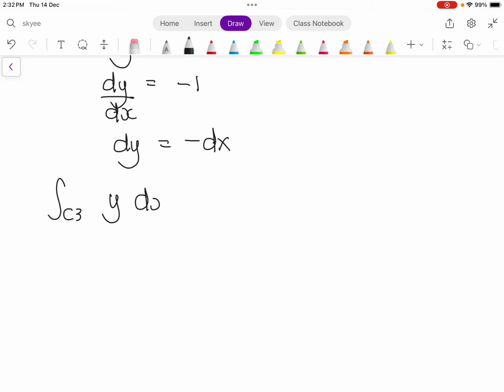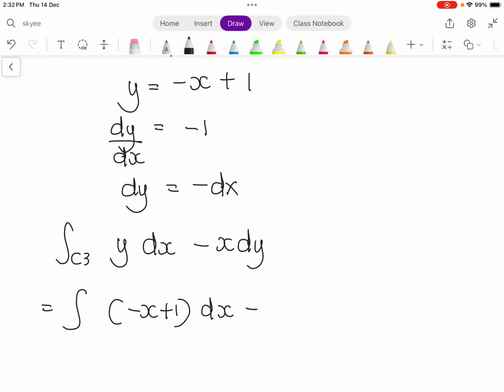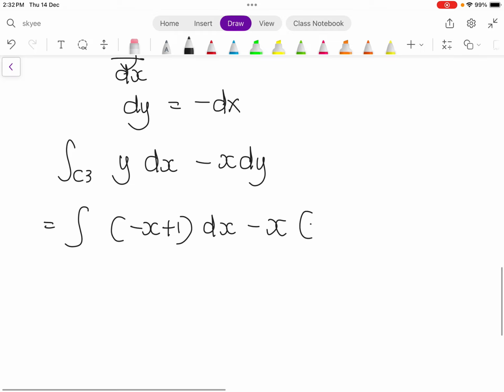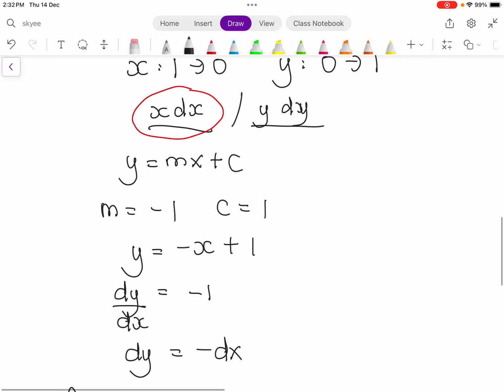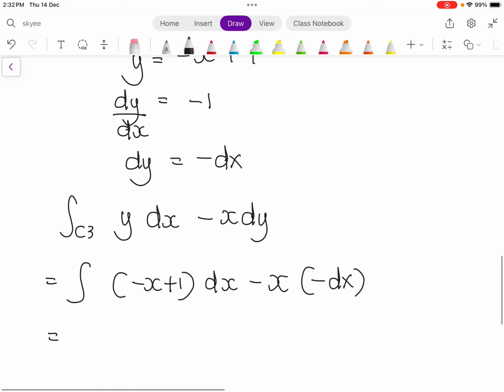I'm going to replace it here. So all the y will become negative x plus 1. Okay, x remains. And dy will become negative dx. Just replace it. And the interval, you will follow the interval of the x, which is from 1 to 0 here.